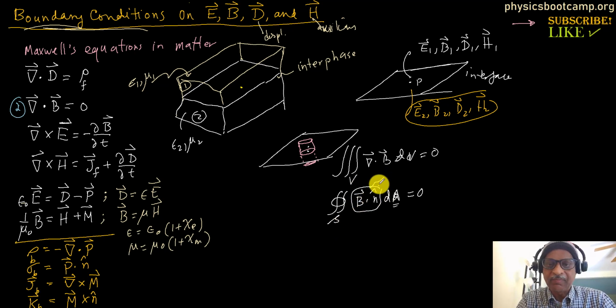This is the outward normal component. If I look at the top here, from inside out, this will be n hat. This surface is 1, and then there is another surface with n2 hat.